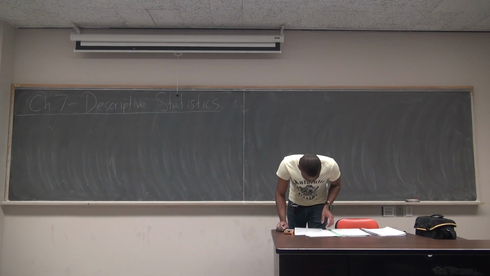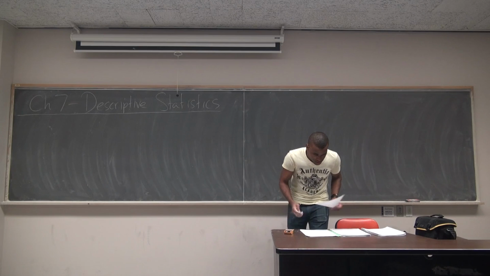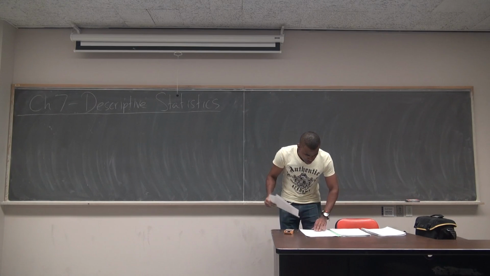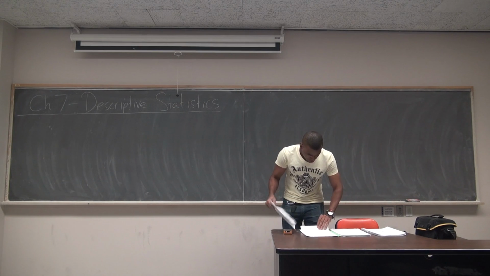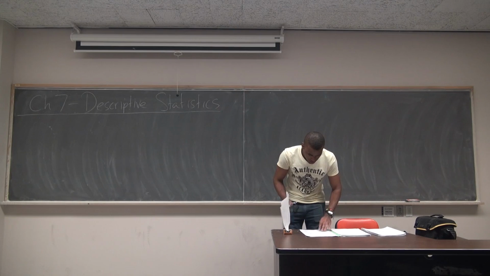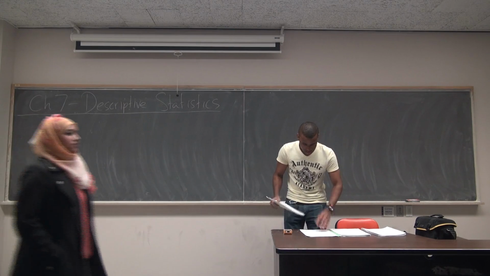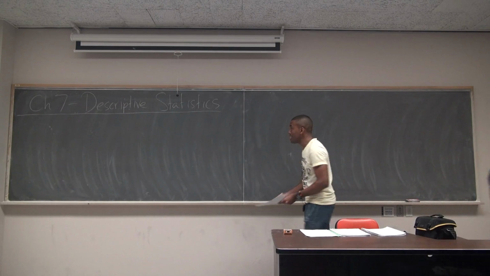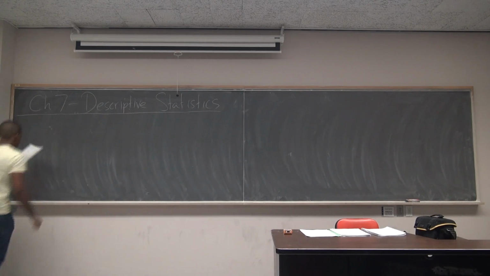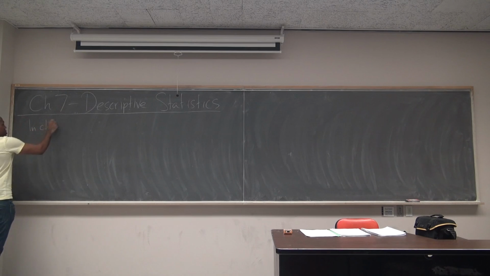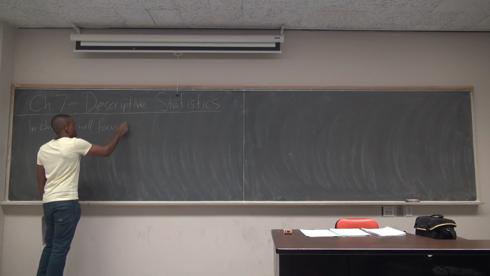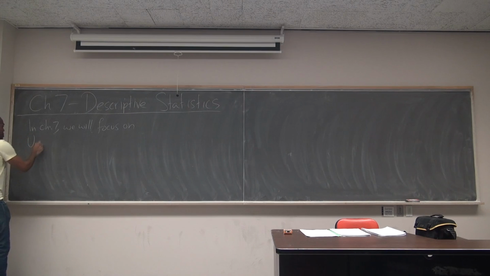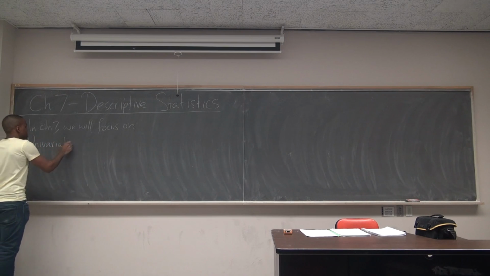In chapter 7, we're actually going to be doing statistics for a few chapters. Chapter 7 is really long. In chapter 7, we will focus on what we're going to call univariate data.